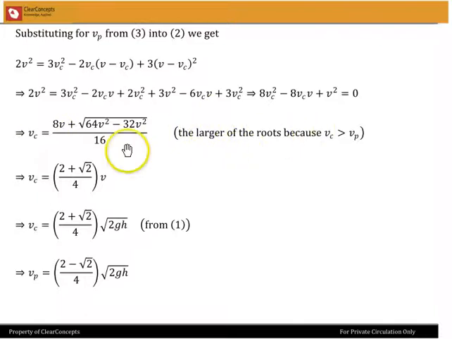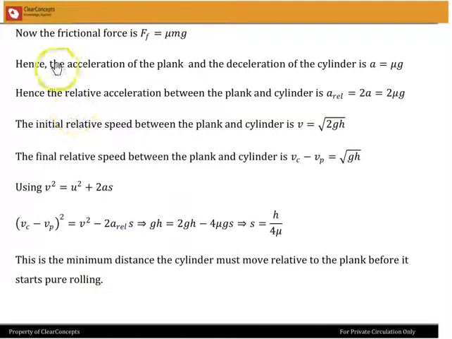We take the larger of the two, so plus sign instead of minus, because Vc is greater than Vp. And from that we get Vc is equal to (2 plus root 2) divided by 4 times V. Substituting for V from equation 1, root 2gh, we get Vc is (2 plus root 2) divided by 4 times root of 2gh. And then using the symmetry of the quadratic equation, we get Vp to be (2 minus root 2) divided by 4 times root 2gh.